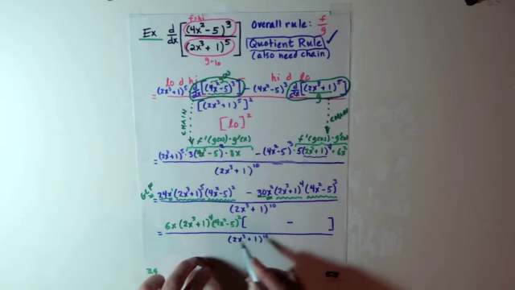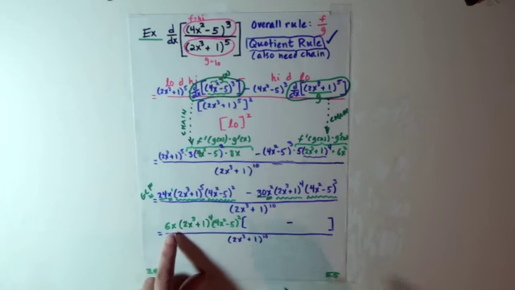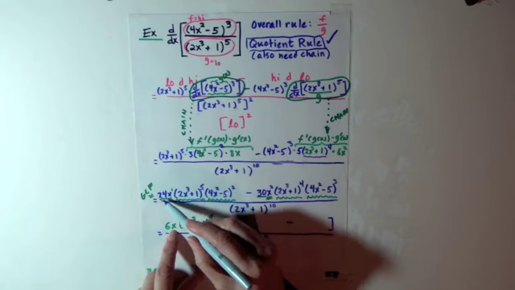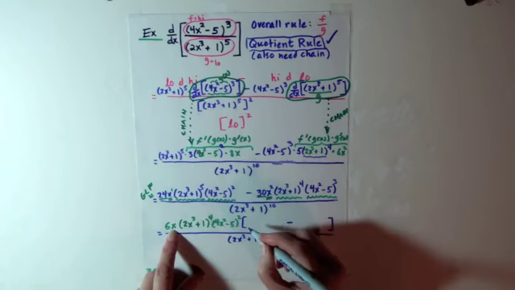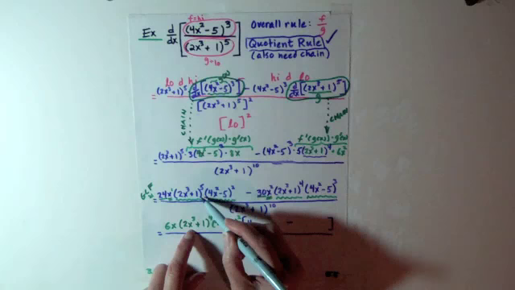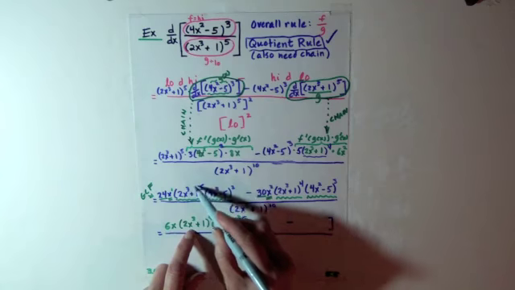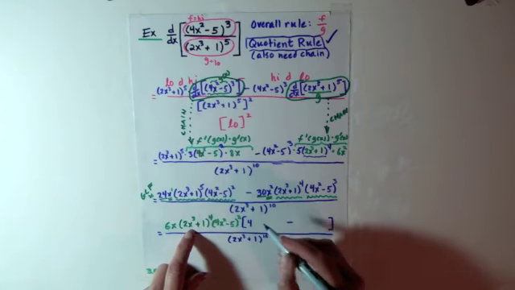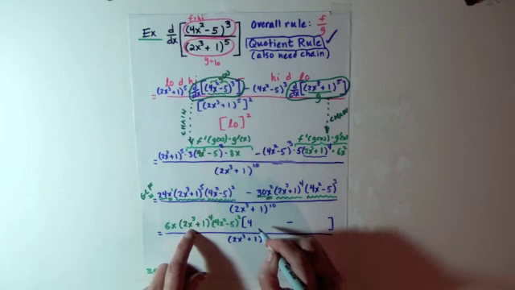Well, let's see what's left inside these purple brackets. I'm pulling a 6x out of a 24x. That means I would be left with a 4. I'm pulling a 2x cubed plus 1 to the 4th out of 5 copies of that factor, 2x cubed plus 1 to the 5th. So if I pull 4 of those factors out, I'll be left with just 1 factor inside here.